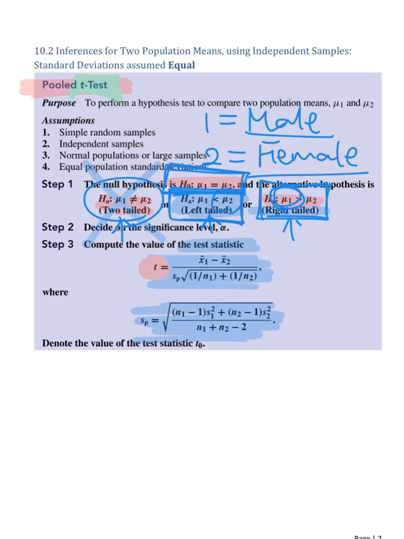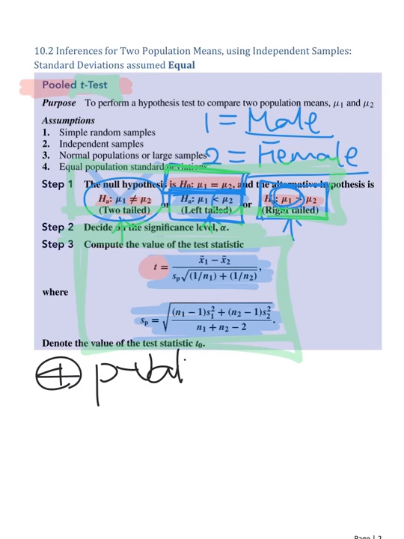Almost the same, 6 steps. Step number 1, hypothesis. Step 2, determine the alpha, the significance level. Step 3, test statistic. Step 4, p-value from the t-table, because it is a t-test.